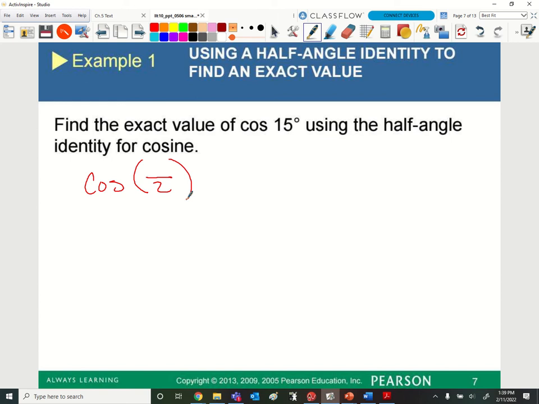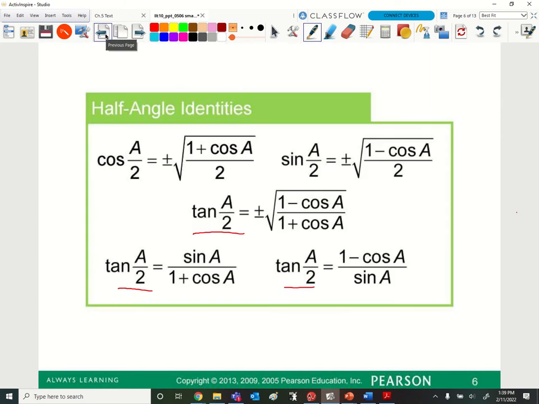Okay. So it's going to be 30 divided by 2, which gives me 15, right? So in my formula, the A value is now going to be 30. Say yes? Yes. So when I plug it into one of my formulas, I'm going to replace the A with 30.